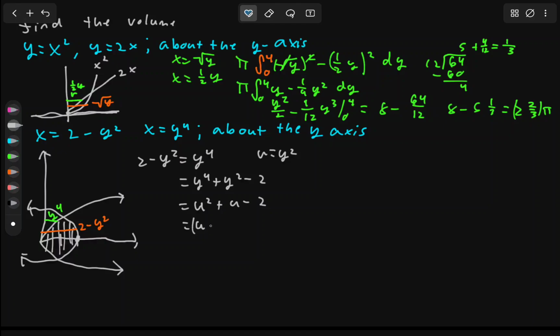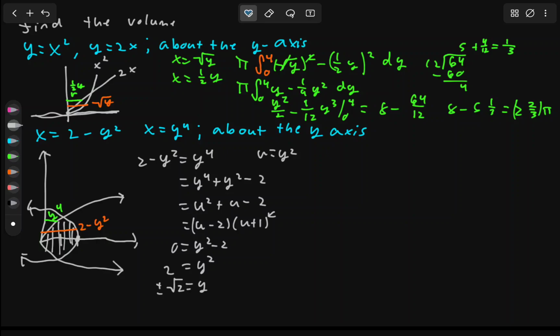So we get u minus 2 times u plus 1. Well, now we just have to sub in the y squared. Whenever we're subbing in here, this is never equal to 0. So we're just going to worry about y squared minus 2 and setting that equal to 0. So this is going to happen when y squared is 2, so y must be equal to plus or minus the square root of 2.